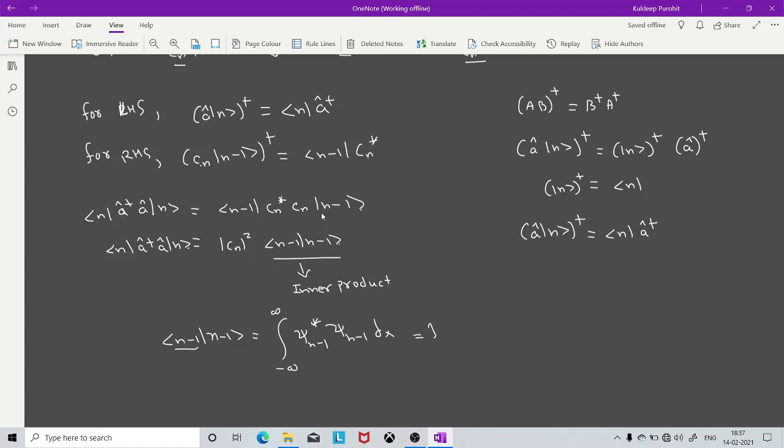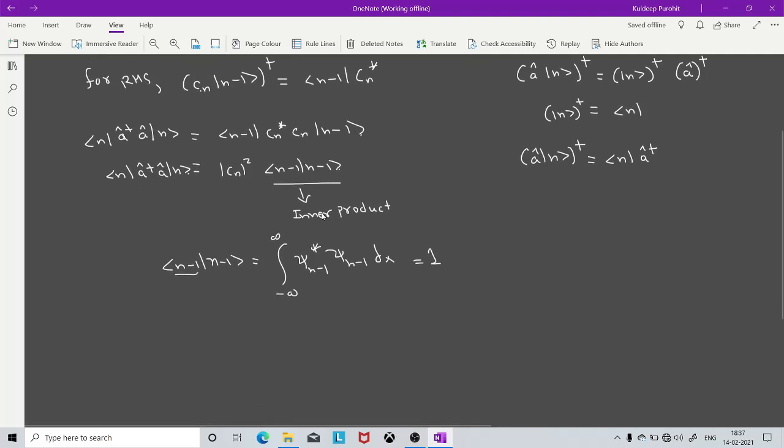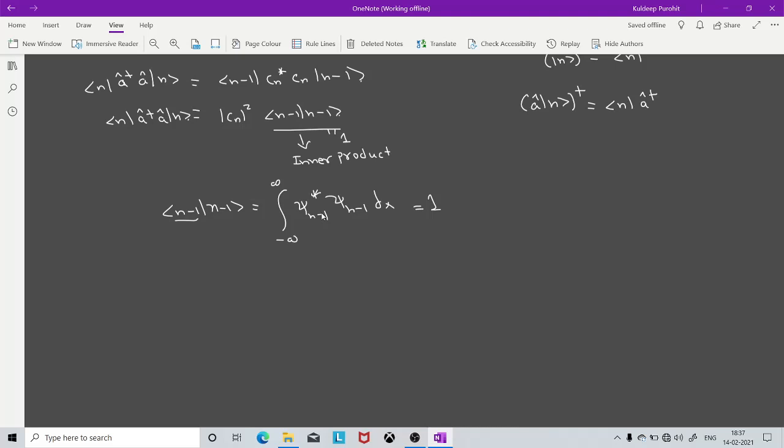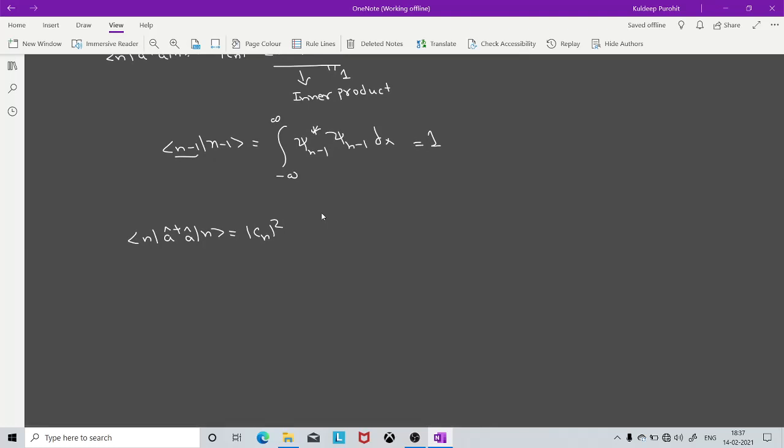You know that for a normalized state this quantity is always 1. This is just the normalization condition. This term will be equal to 1 for normalized states, and in the simple harmonic oscillator we generally take normalized states. So bra n into A dagger A into ket n is equal to mod of Cn square.